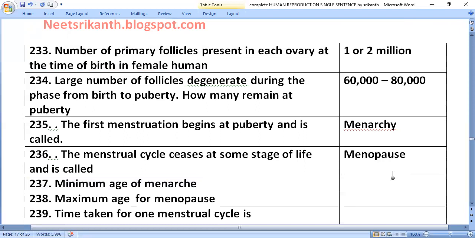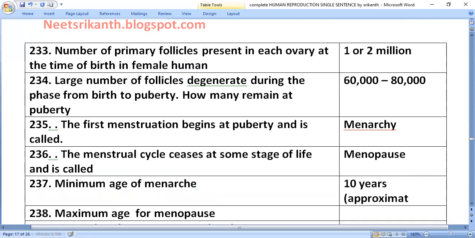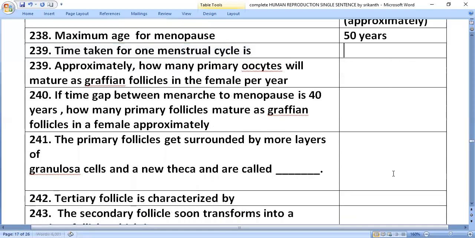The minimum age of menarche is approximately 10 to 12 years. The maximum age for menopause is about 50 years. Each menstrual cycle takes approximately 28 days. Approximately how many primary oocytes will mature as Graafian follicle per year?